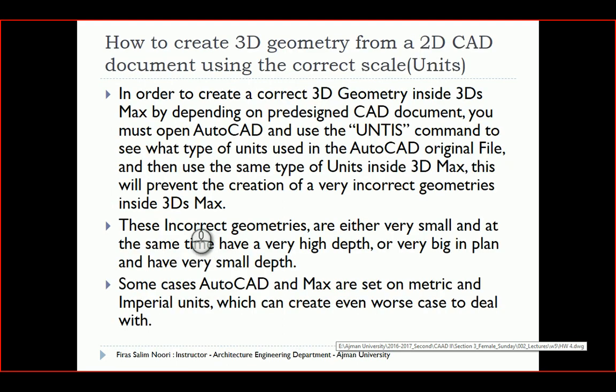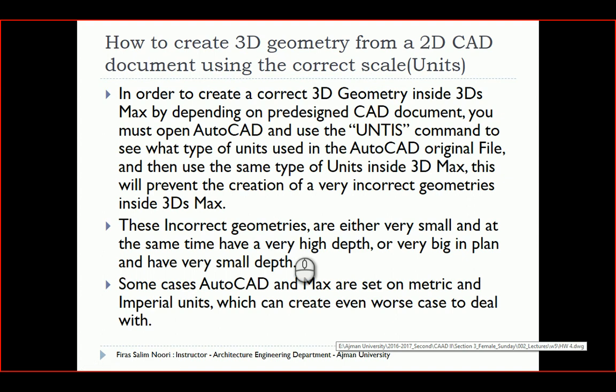So how to create 3D geometry. In order to create 3D geometry, first you have to deal with the CAD units and make sure that your CAD units are the same as the 3D Studio Max units. I'm going to show you that practically, after a quick look at the slides. If you miss this, it's going to be a big issue because incorrect geometries are going to be generated.